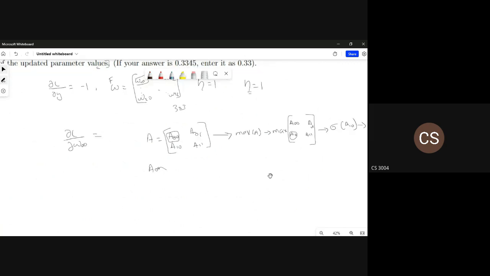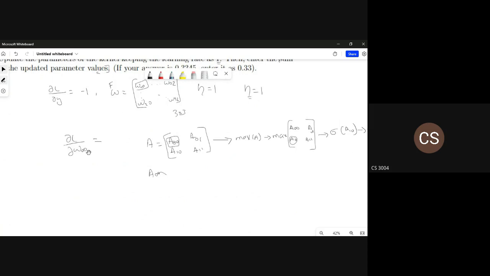Now, in order to compute dou L by dou W00, what will the expression be if you really want to write it down explicitly? How do you write that? You are given dou L by dou Y. Then how do you go about the next term? Dou Y by dou A is given.